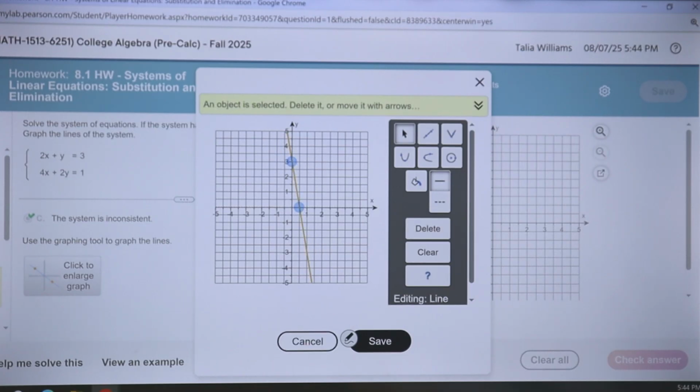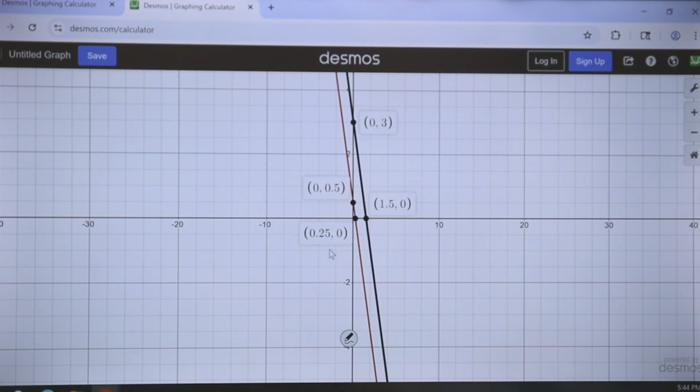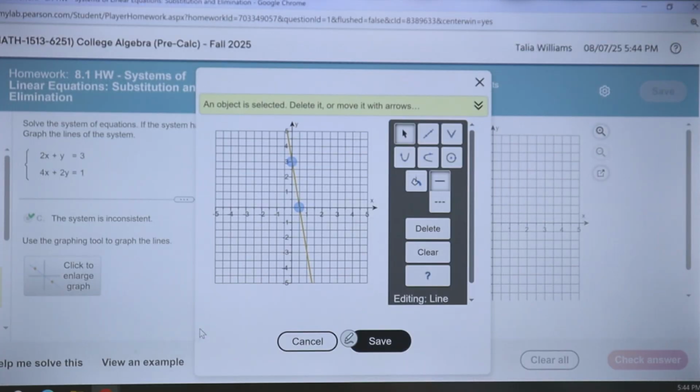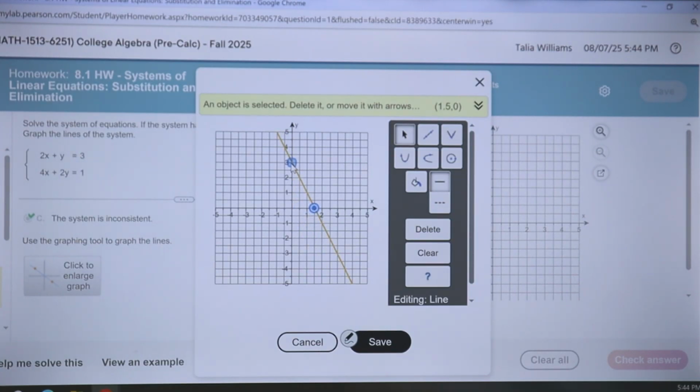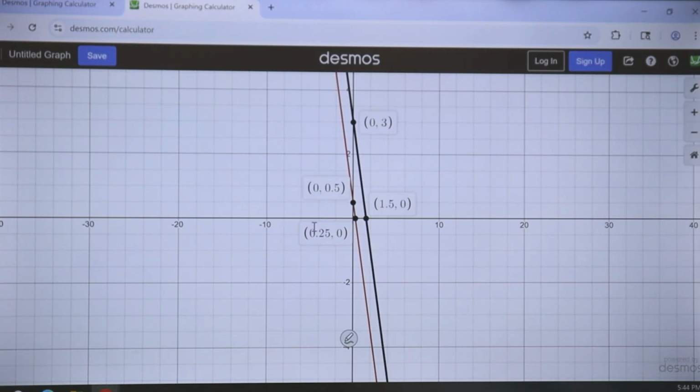That was one right. We'll double check. So I did a half here and 3 there. No, it's 1.5 and 3. So I'm going to drag that one to 1.5 and 3. But then let's go back and see. I can do the half right here, but I can't do the quarter.